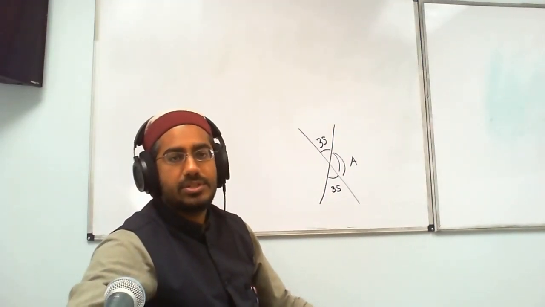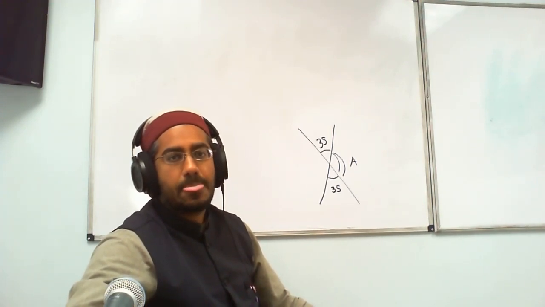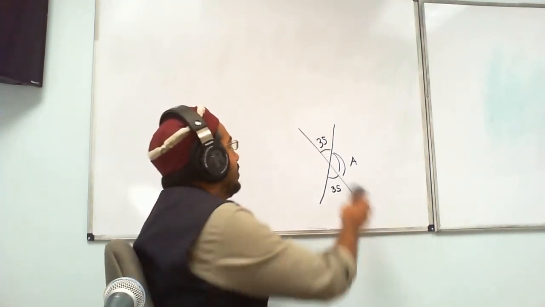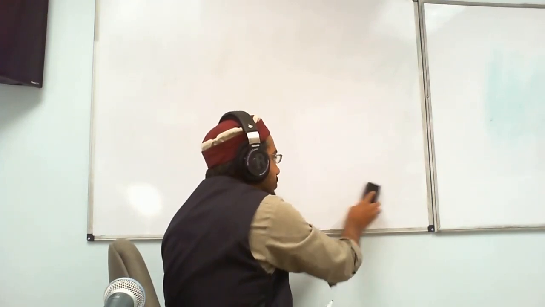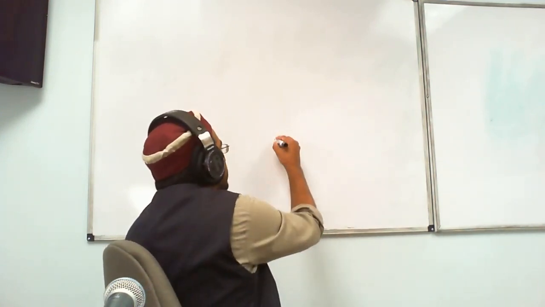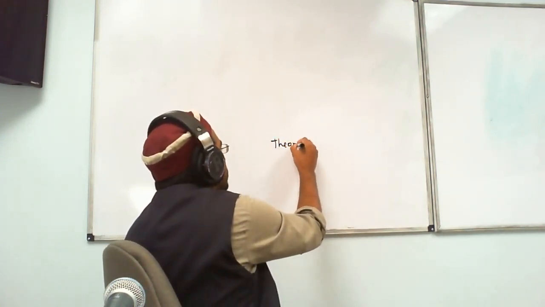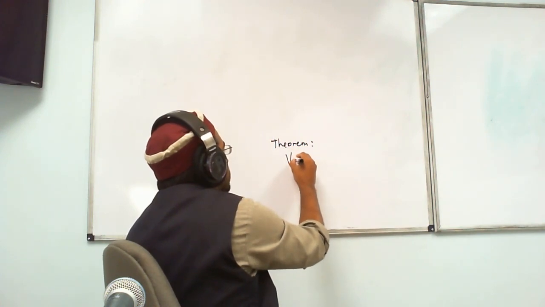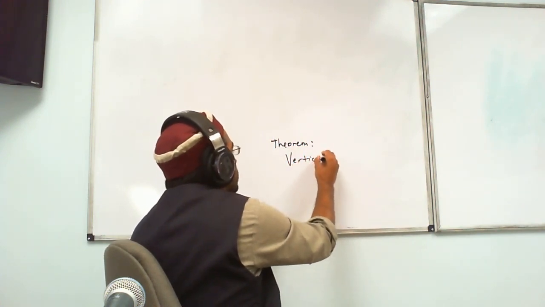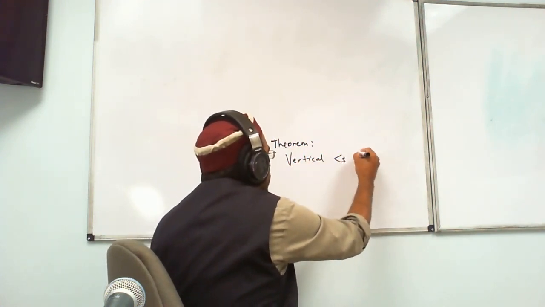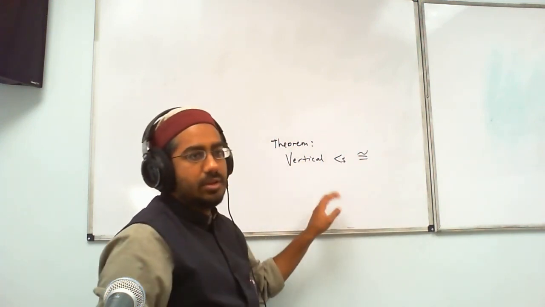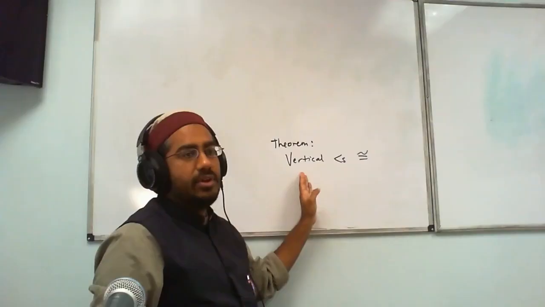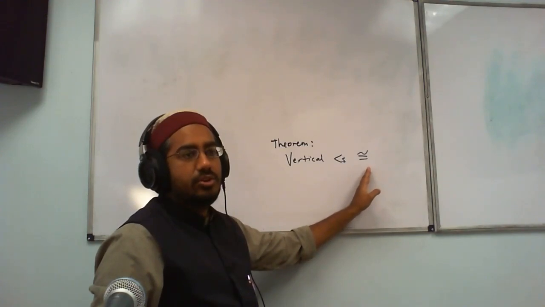So basically, those are vertical angles. Remember we were talking about doing proofs. Our first theorem is that vertical angles are congruent. This is telling you that if you have two vertical angles, they're congruent.